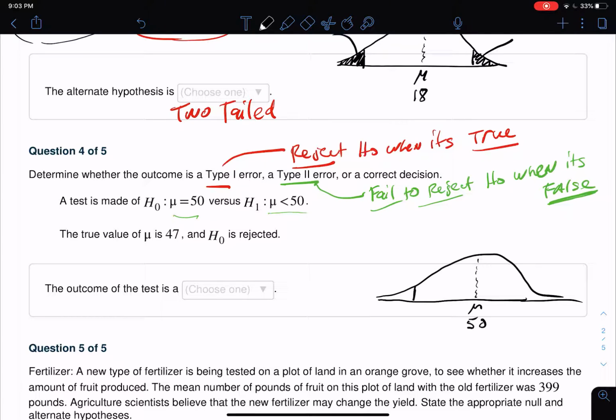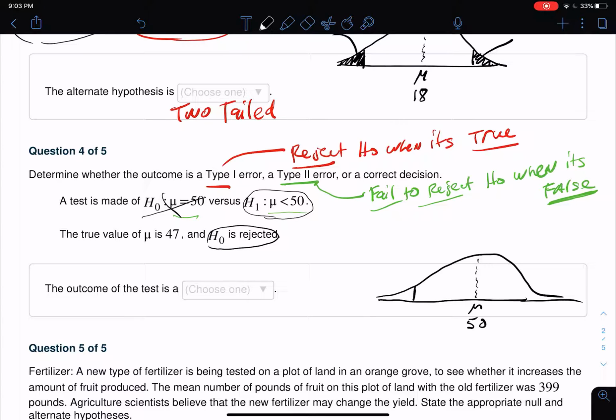And now it says the true value of mu is 47. And what did we do? The true value is actually less than 50, and we rejected the null. So basically what happened here, the null is rejected, and we go with the alternate hypothesis.